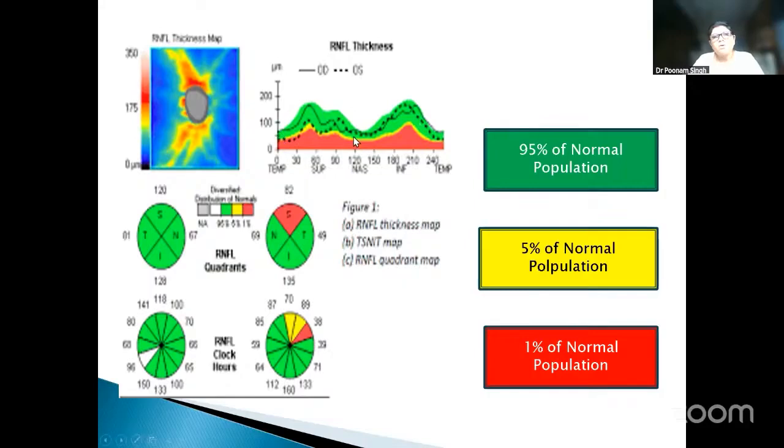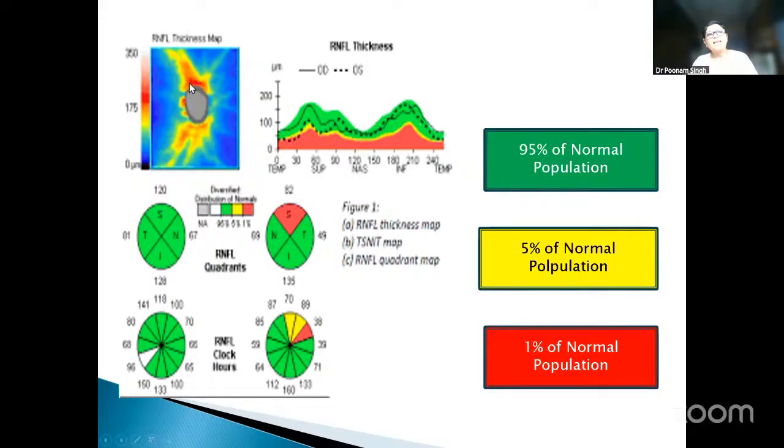As it is in the form of humps, it is also known as a double hump pattern. So here again, if these lines are present in the greenish area, they are normal. They are seen in 95% of the normal population.